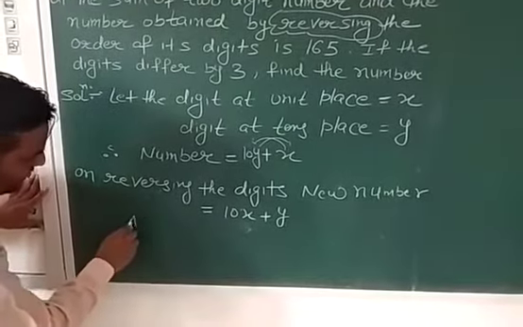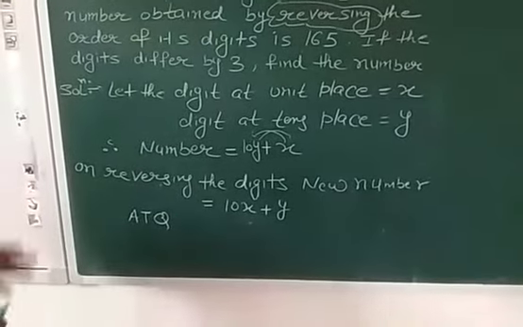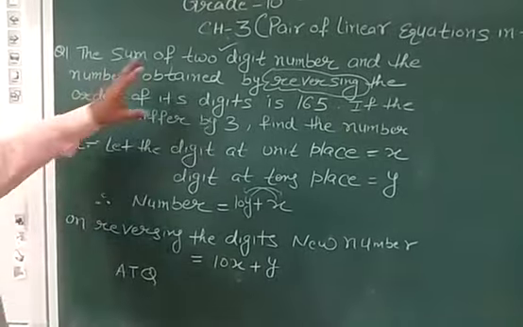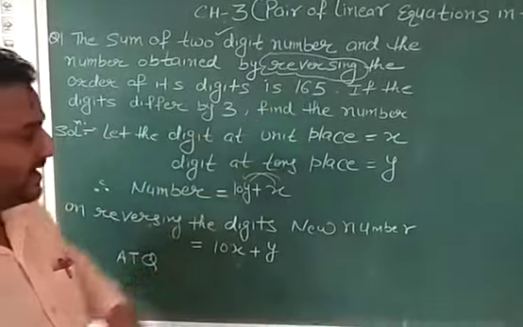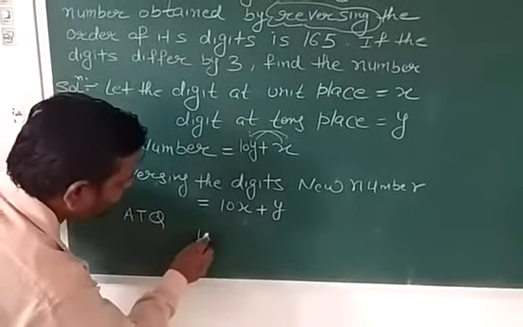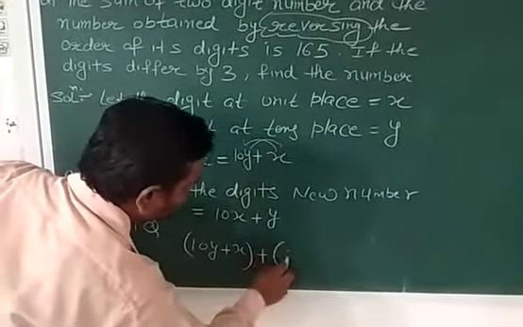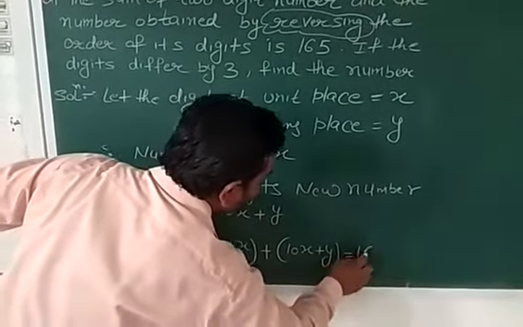Now students, according to the question, some conditions are given to us and we are bound to use them. The sum of the two digits and the reversing order of digits is equal to 165. So it means (10y plus x) plus (10x plus y) is equal to 165.